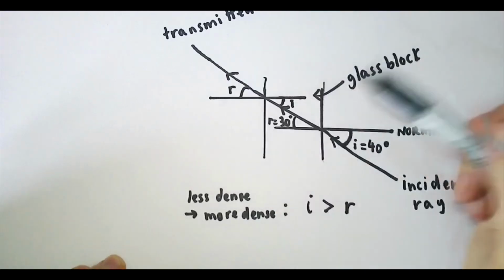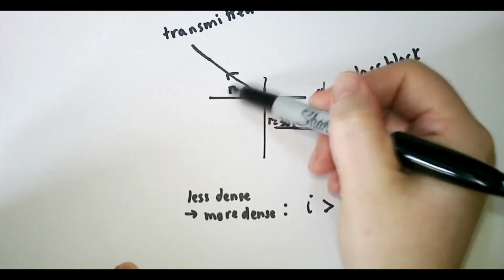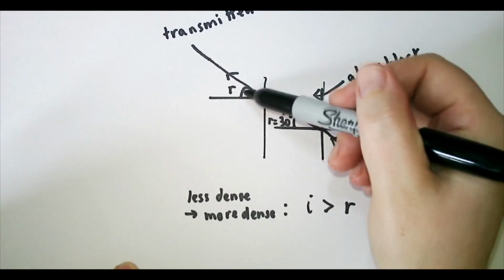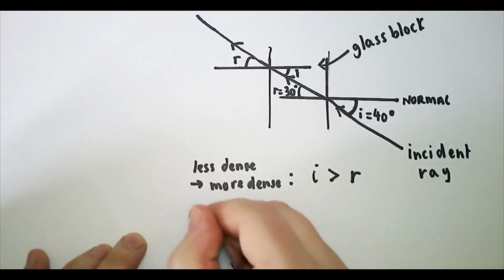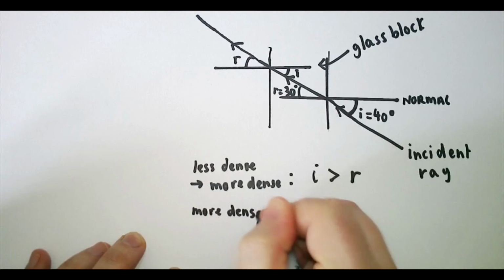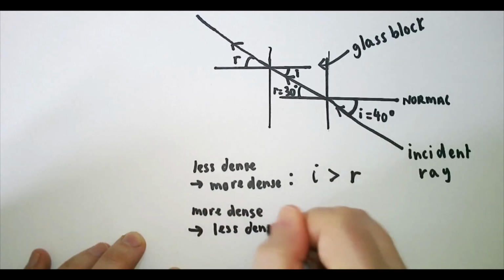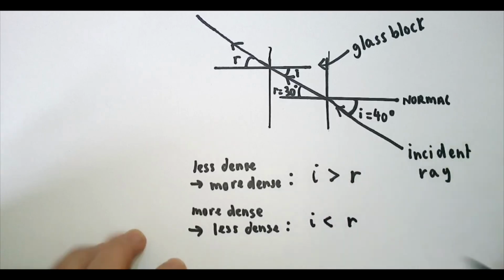If we go from a more dense medium to a less dense medium, the angle of incidence is smaller than the angle of refraction. So just write that rule down there as well. More dense to a less dense, angle of incidence is smaller than the angle of refraction. And those are the rules that are important for you to follow in this instance.